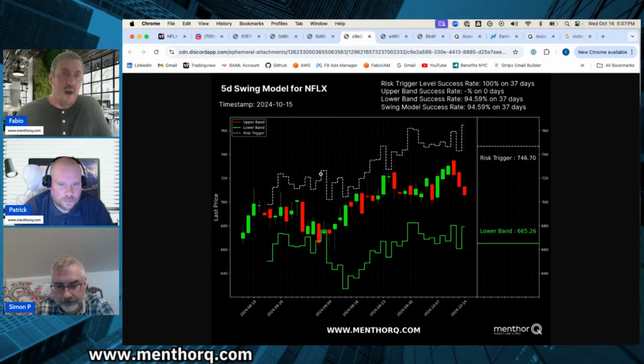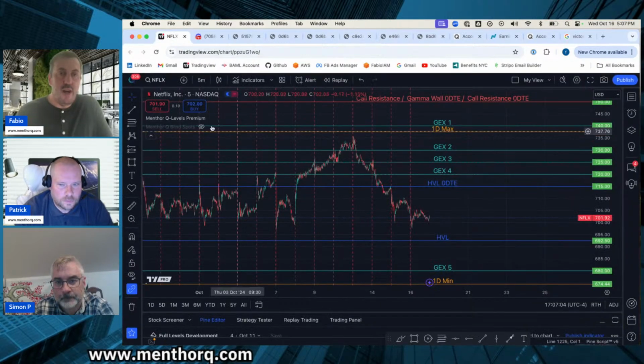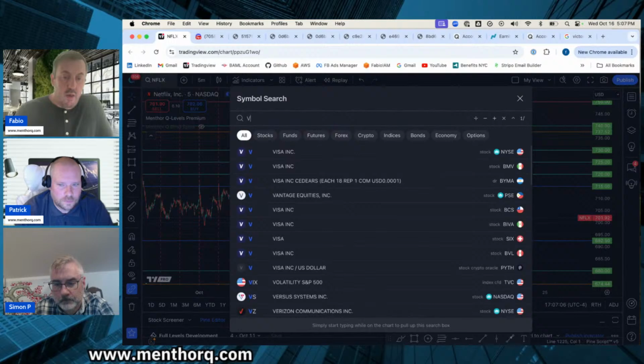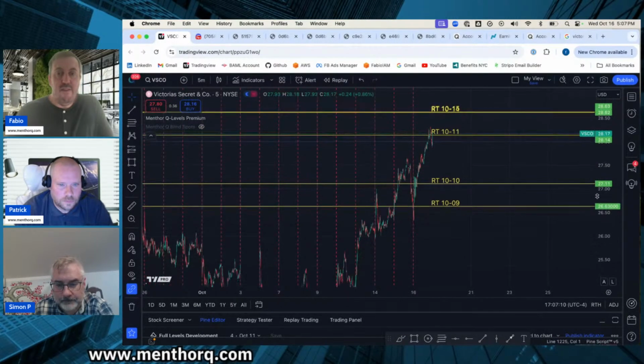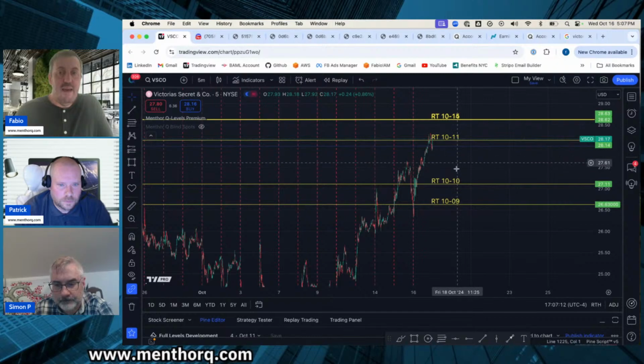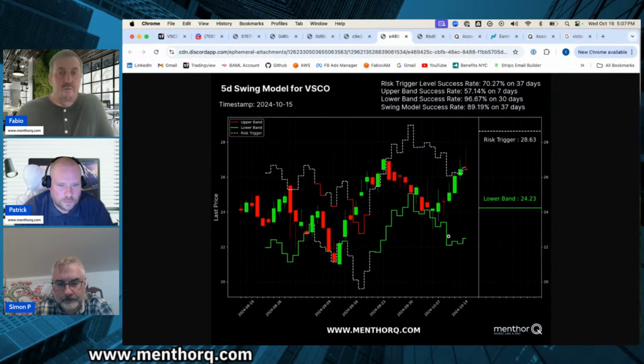And that's also why, when we put them in the chart, you have the date here. So here you have the levels for the last 5 days that are still valid. For us, the model is successful if the price stays above the lower band and below the upper band. We don't consider the risk trigger as part of this swing model success rate.